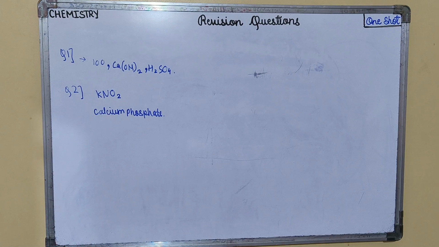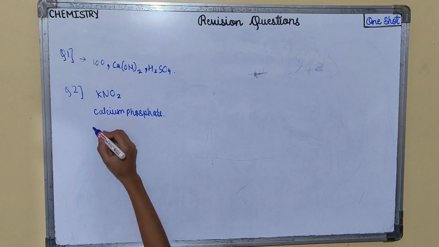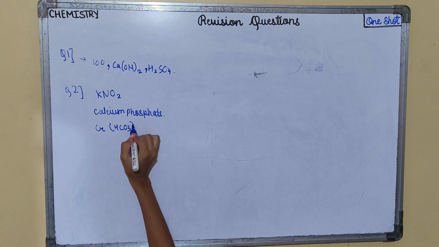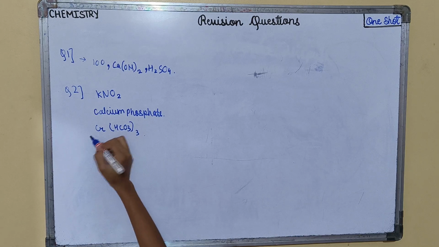Then there is chromic bicarbonate and it is Cr(HCO3)3.